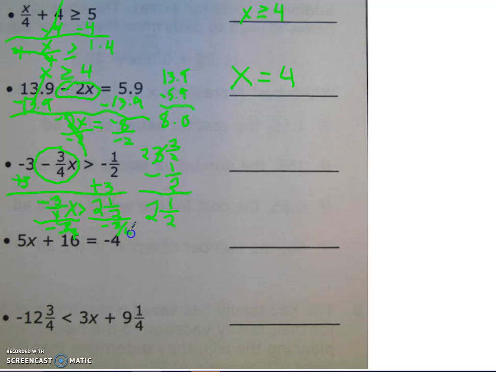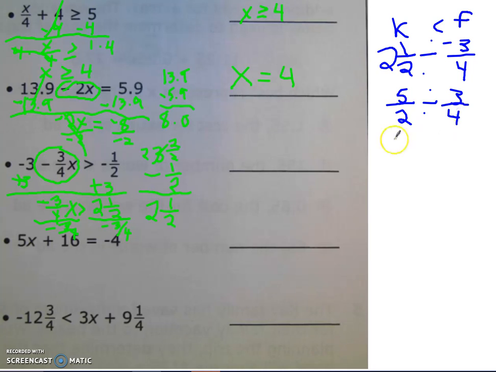I'm going to write that off to the side because it's getting kind of crunched over here. But it looks like this. 2.5 divided by negative 3/4. I have to keep it, flip it, change it. 2 times 2 is 4, plus 1 is 5/2.